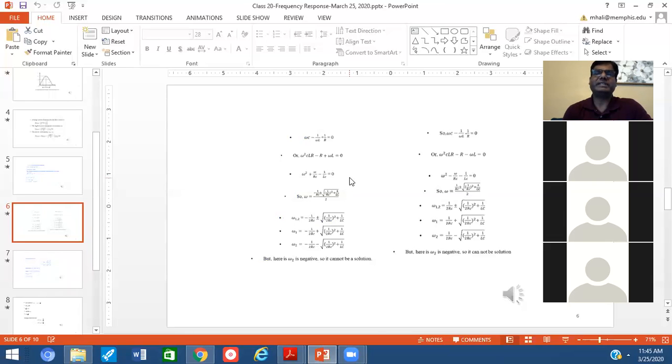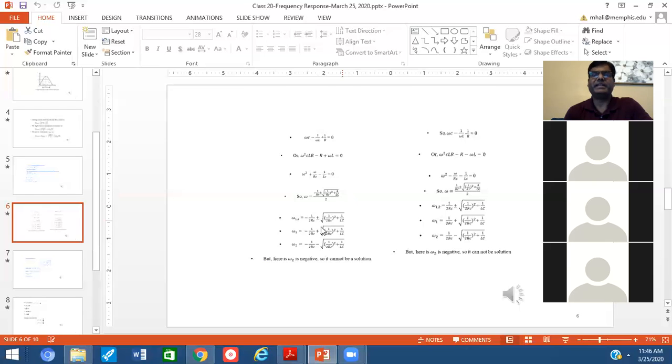Because this is a quadratic equation, in the fourth line I have written down the solution. Like you remember, x squared plus bx plus c equal to 0, then x should be minus b plus minus root over b squared minus 4ac over 2a. Exactly, I have used that identity that you all know.